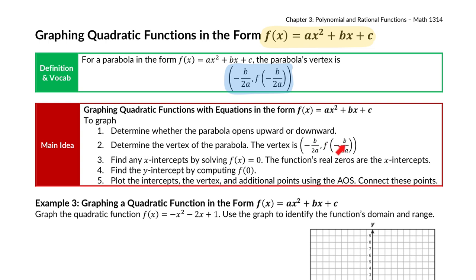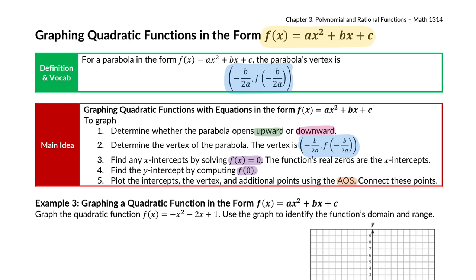We find that fancy vertex. We do the x-intercepts, we do the y-intercepts, we plot all of the things. So other than having to work a little bit harder to find this vertex, we're doing the exact same thing about whether it opens up or down. We're finding the x-intercepts and y-intercepts and then using that axis of symmetry to connect the points.